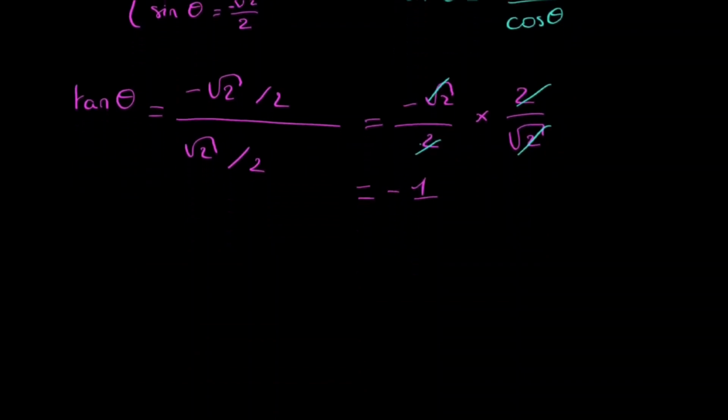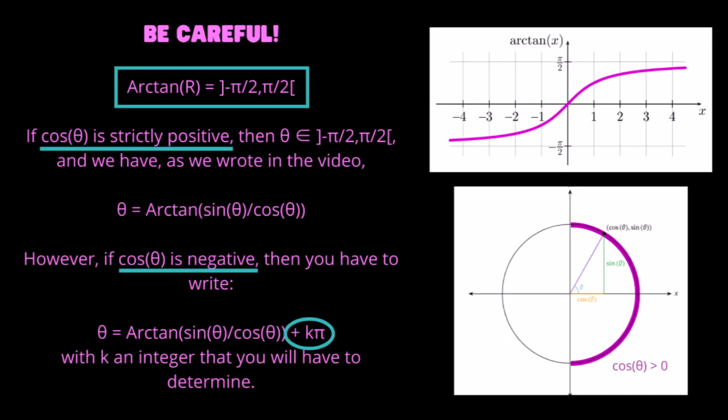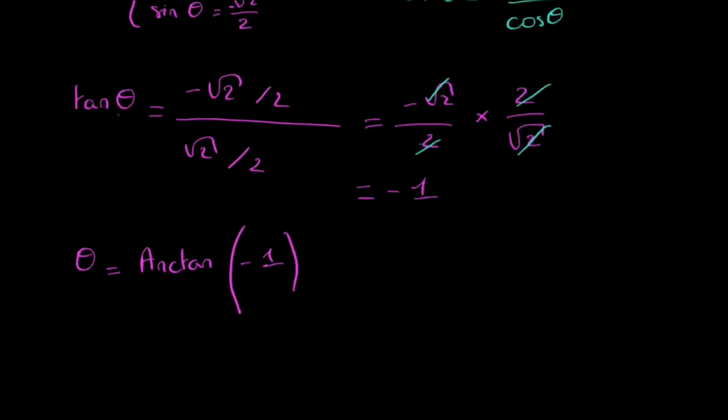Then to calculate theta, we can use the arctangent of minus 1, which is equal to minus pi over 4.